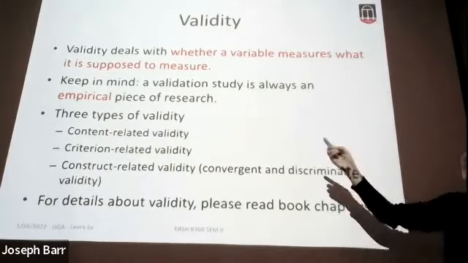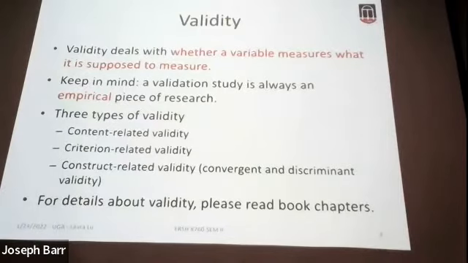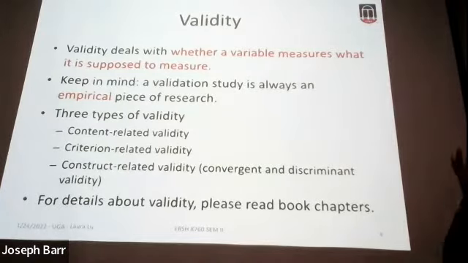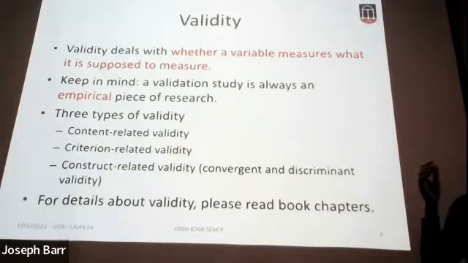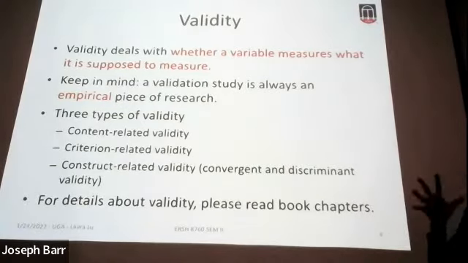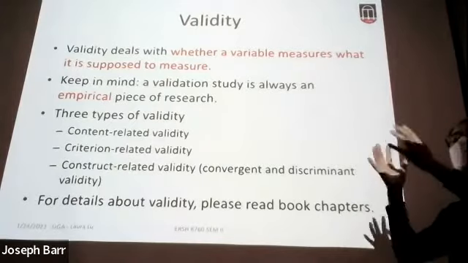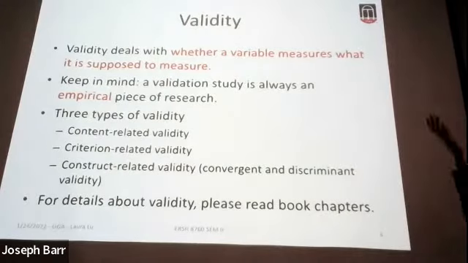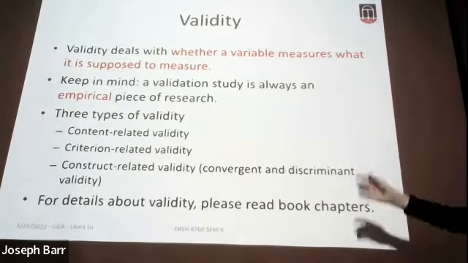When you look at the definition, you immediately know that the validity study is an empirical kind of research. It's not a very statistical way to define it. First, what is supposed to be measured? It's very vague. You have to give a definition of something you want to measure, and then you try to measure the validity.